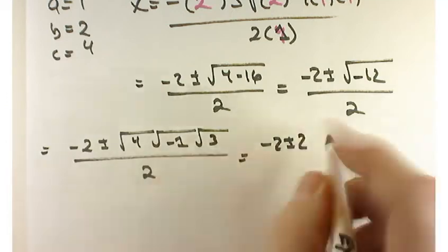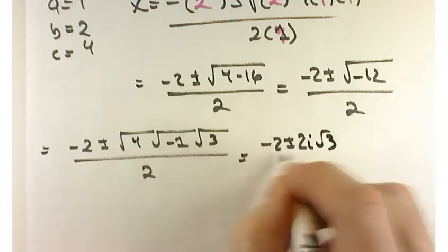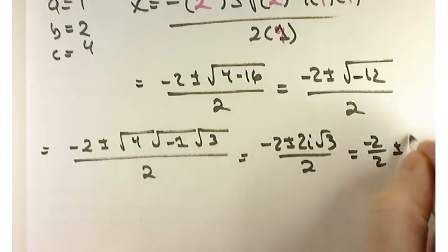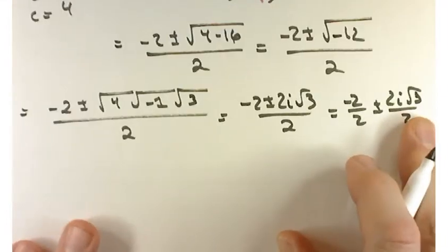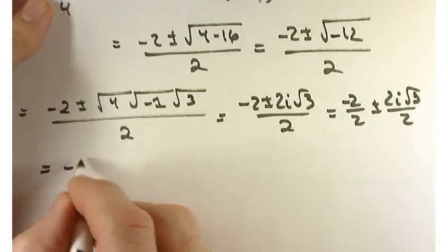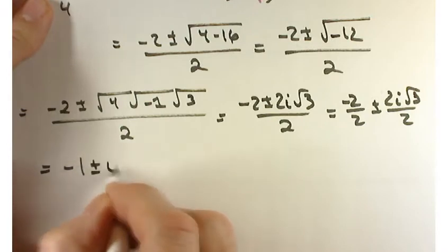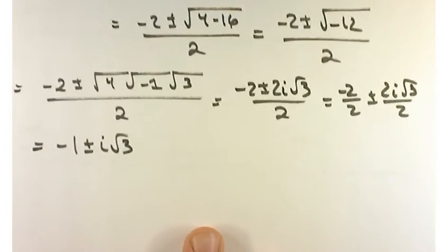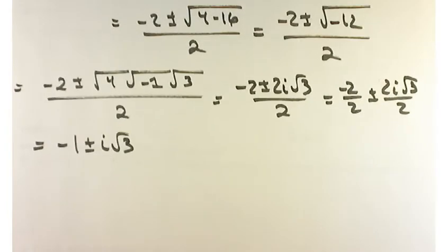That's going to be 2i times the square root of 3 over 2. -1 plus or minus i times the square root of 3. Nice.